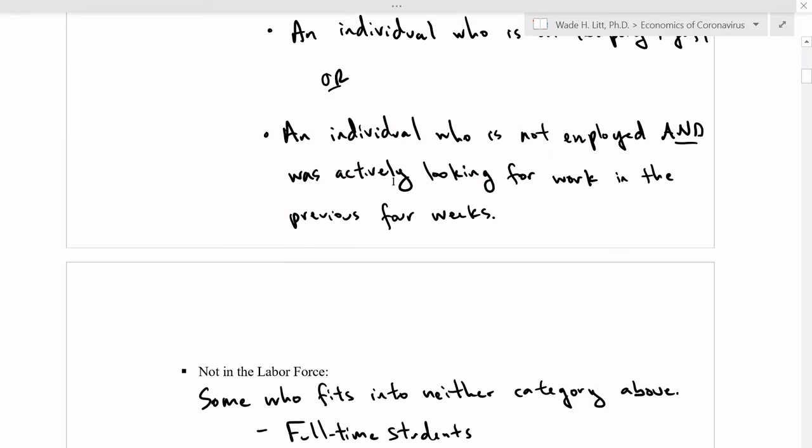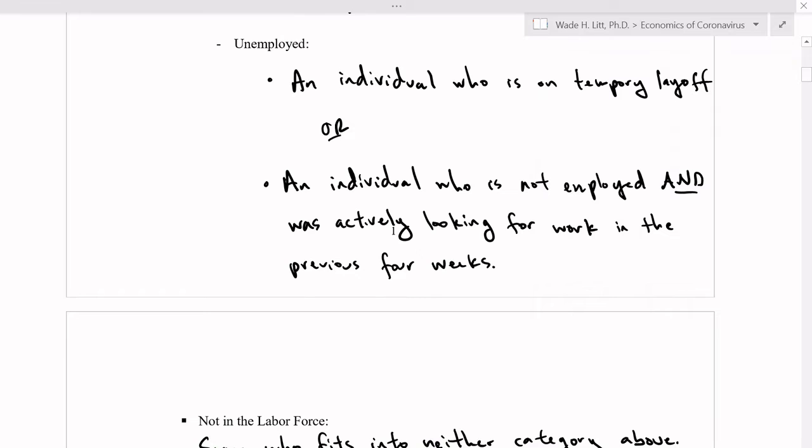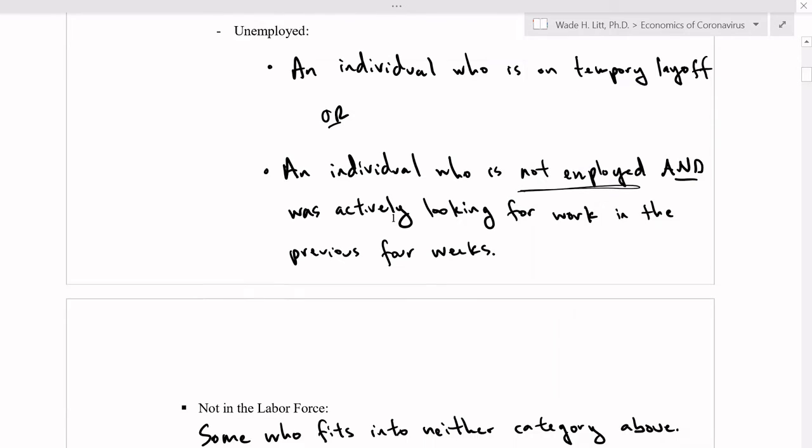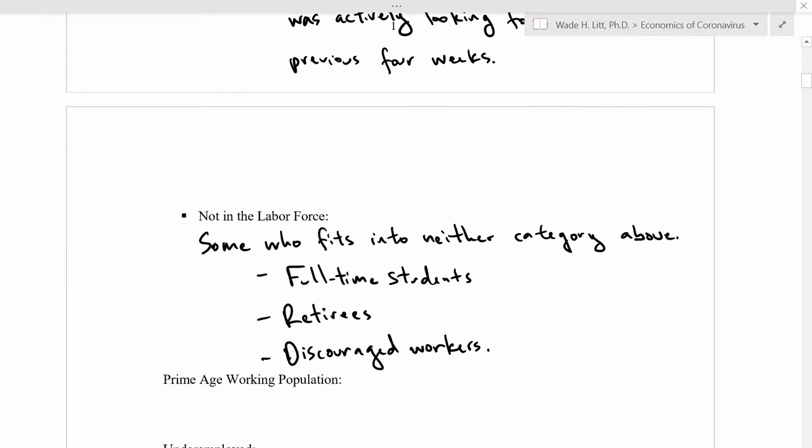Like I said, up here, among the unemployed, they're not working, but they were looking for work. So if an individual is not working, but they've given up searching, they're a discouraged worker. So they've totally dropped out of the labor force. They're not even trying to get a job anymore. And so the number of discouraged workers can be a sign of very poor labor market health.